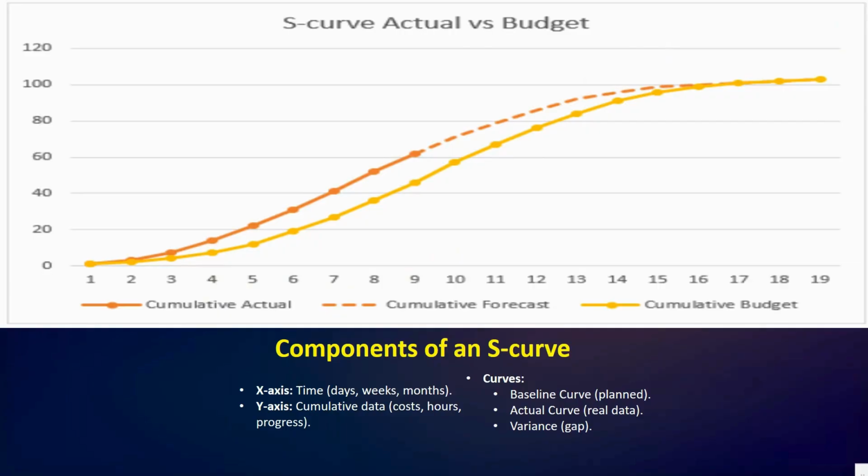So now let's break down the main components of an S curve so that you can easily interpret one. Here you can see on the x-axis, time: days, weeks, months. So we have time, which could be in days, weeks, or months depending on the project duration.